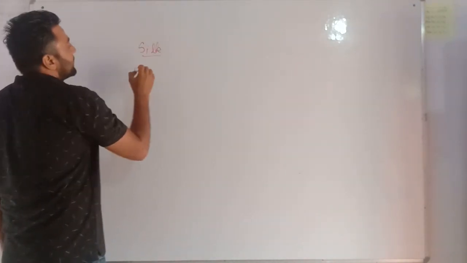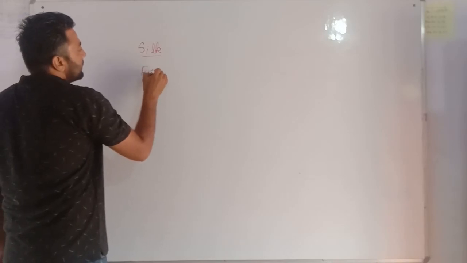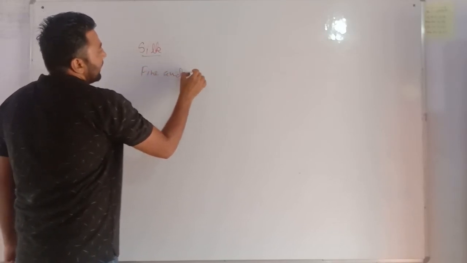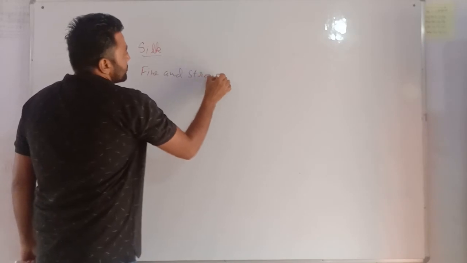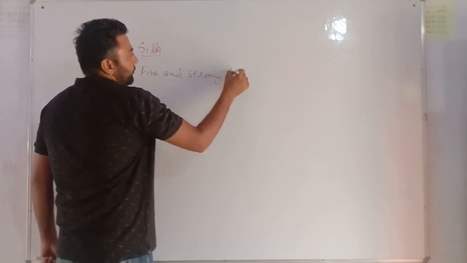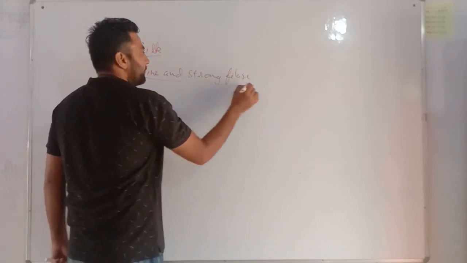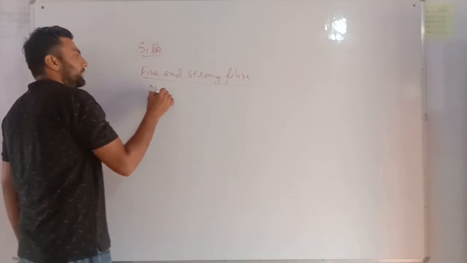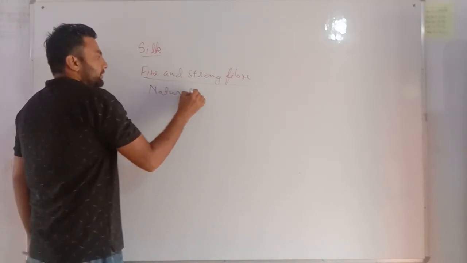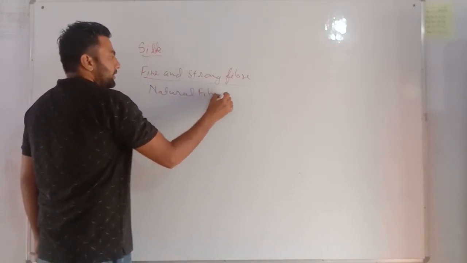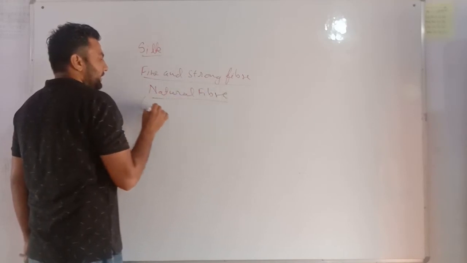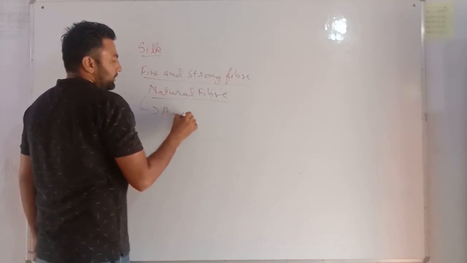Silk is a very fine and strong fiber. Very fine and strong fiber. It is a natural fiber. Most important, we get it from animals.